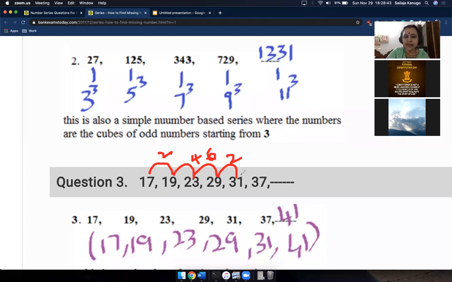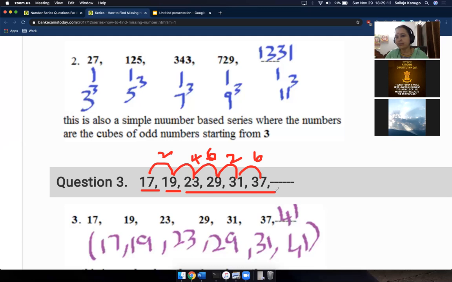And again 6. That means this is not by addition. Definitely it will not be by multiplication also. The difference between the numbers is very less. If the pattern was 2, 4, 6, then at least 4 should come again, and that's also not coming. So again I will look at all the numbers: 17, 19, 23, 29, 31, 37.